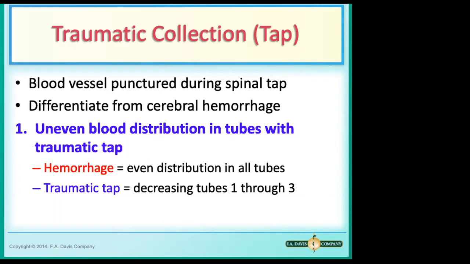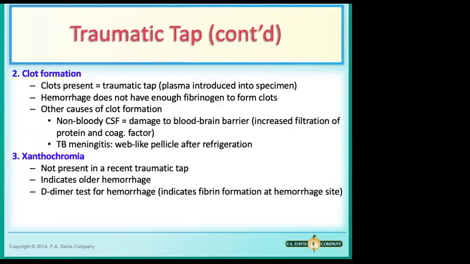If the blood is actually coming from a traumatic tap, that will leave the heaviest concentration of blood in tube number 1, with the amounts gradually diminishing in the rest of the tubes. So less blood in tube number 2, and then less blood in tube number 3. That is a good indication. Just look at how the blood is distributed in the tubes.